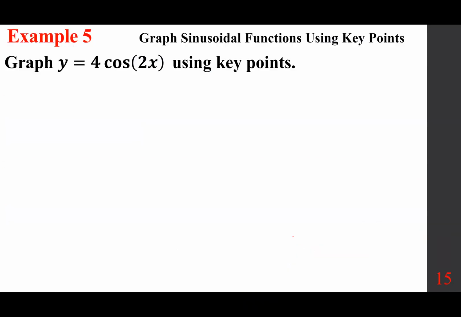We want to graph this using key points instead of transformations. Notice the amplitude is 4. So graph y equals 4 cosine 2x, the amplitude is 4.